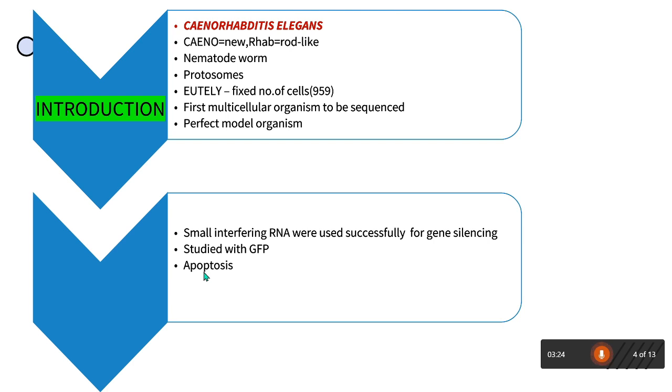It was the first organism in which apoptosis, that is cell death, was studied. It was also the first multicellular organism to be sequenced completely, with almost 20,000 genes sequenced. So this is all about C. elegans.